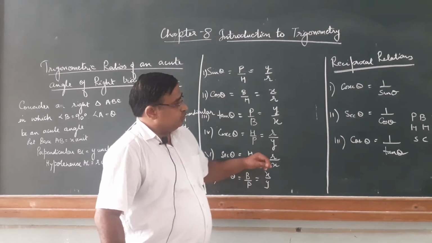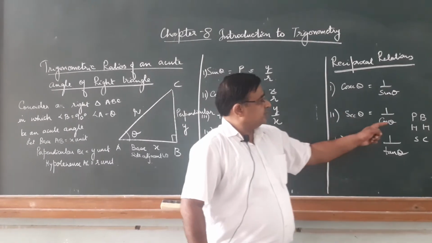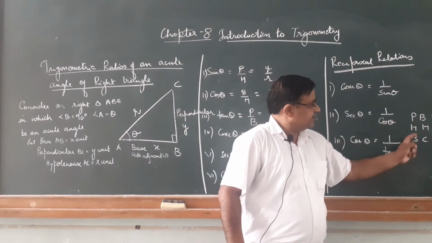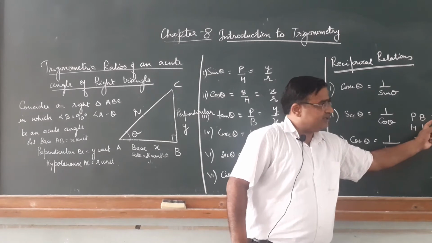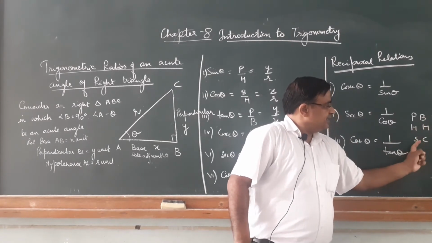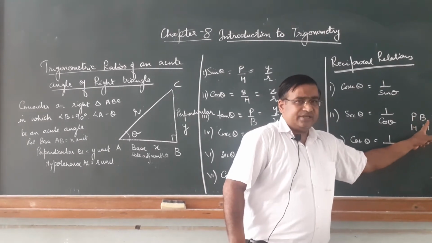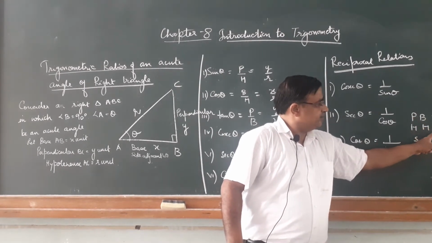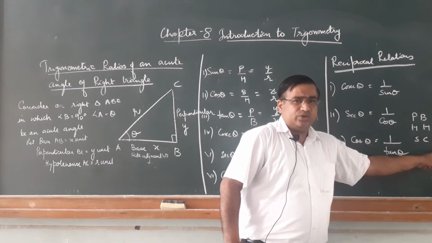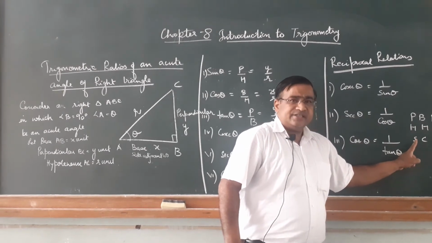Here, you can learn these trigonometric ratios by this method. You can write it as P, B, P, H, H, B, S, C, T. Here you can make one formula: Pandit Badri Prashad, Hari Hari Bole, Sona Chandi Tole. What does it mean? S stands for sin theta.